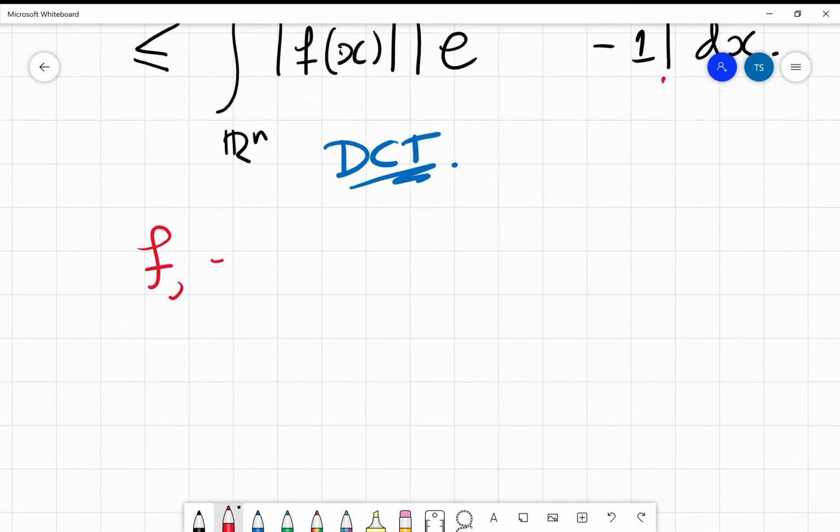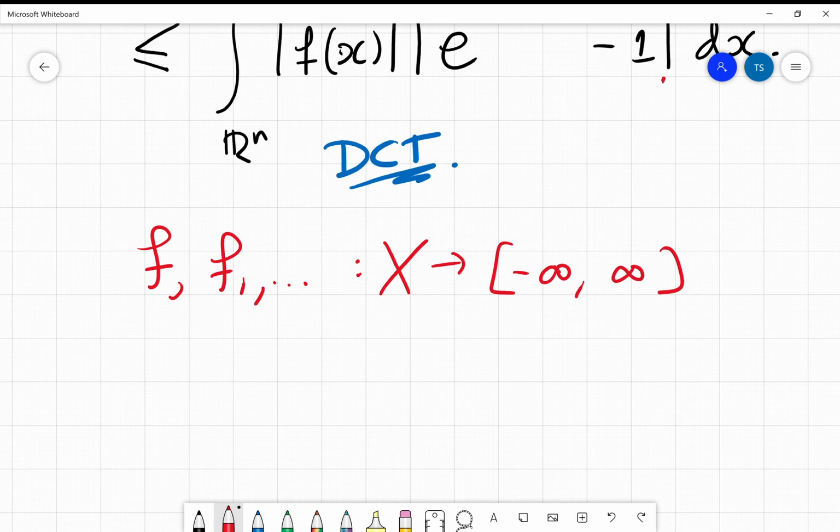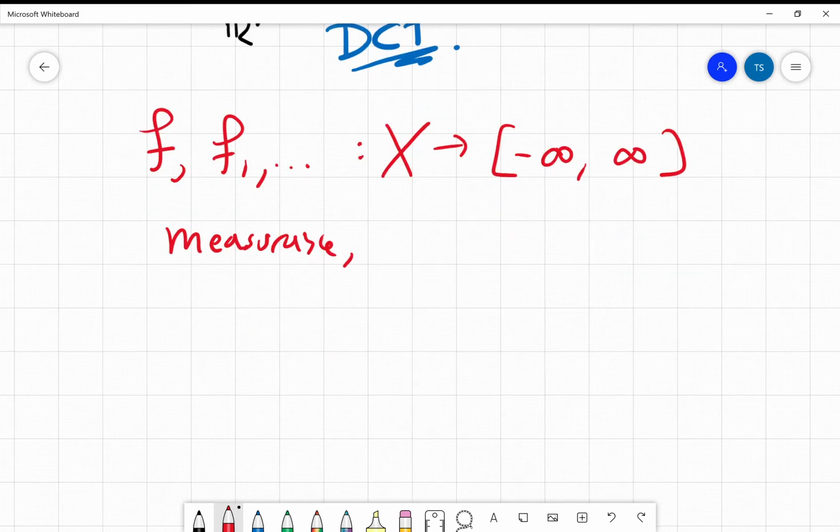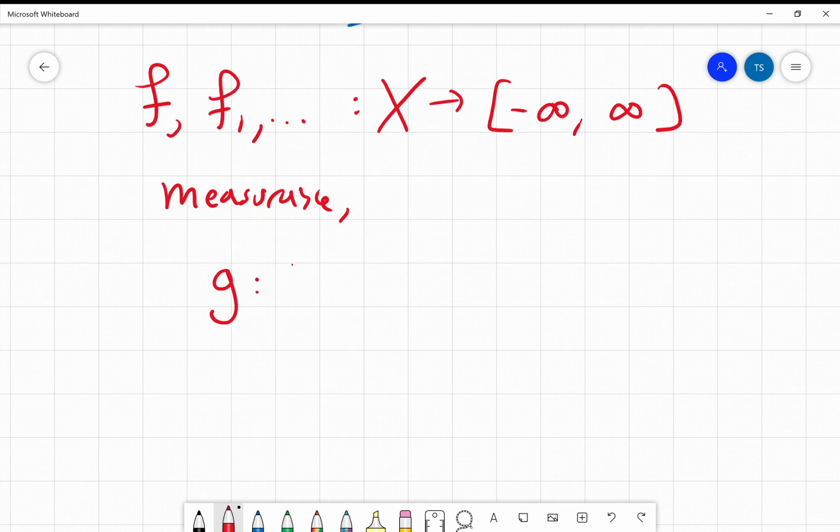It says the following. So we've got a sequence of measurable functions on a space X. Okay? And we have got a function which dominates over them, and it's a positive function. And we require it to be integrable.